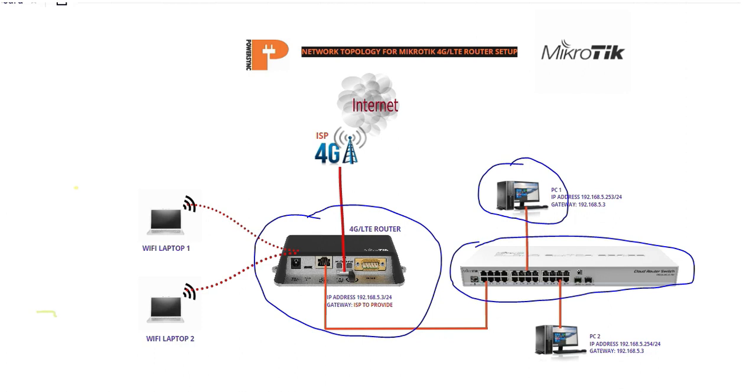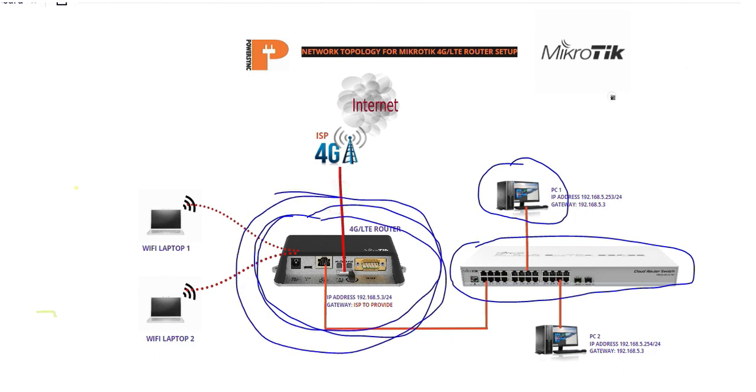The two PCs and Ether1 of the Mikrotik router are on the same LAN. Remember that this Mikrotik router is fresh and not configured. It's blank, so I have to put it on the same LAN as the device that I'm going to use to configure it.